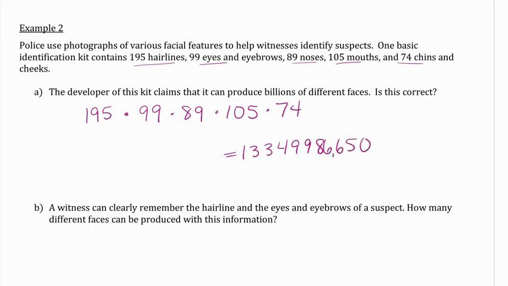That is a big number, right? So if I put in my commas here, are they correct that it can produce billions of faces? Well, that's my hundreds, thousands, millions, and billions. So I get a number of about 13 billion here. So yes, this is correct because we get at least 13 billion faces, right?